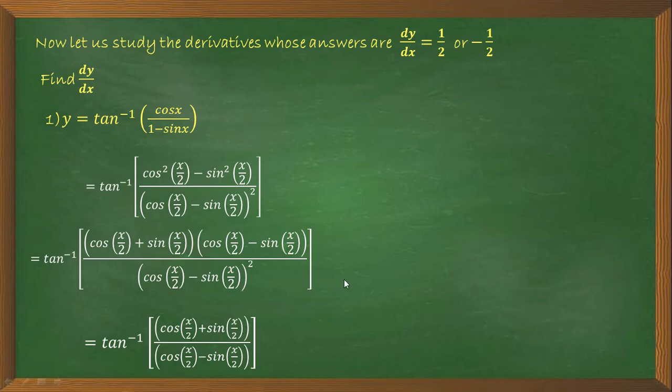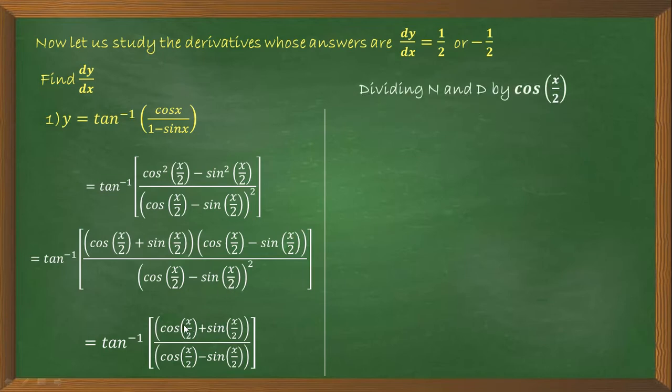Now the further adjustment is we have to divide the numerator as well as the denominator by cos x by 2. Remember this. To simplify this expression, you must remember that you have to divide numerator as well as denominator by cos x by 2.